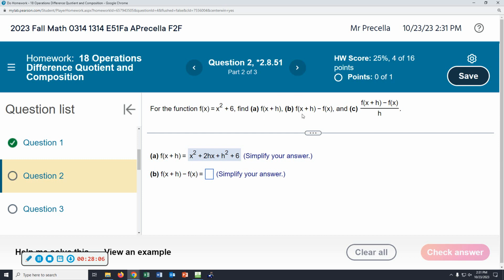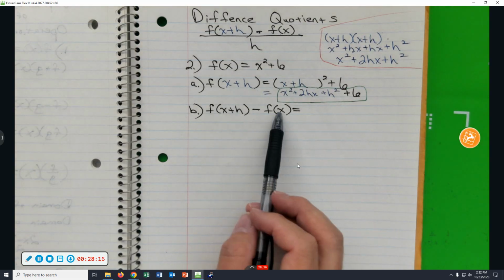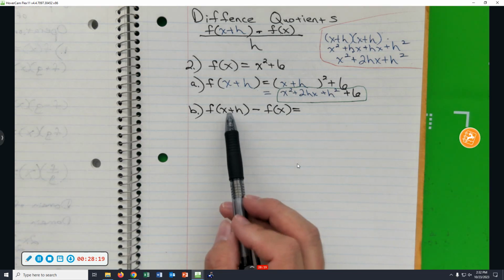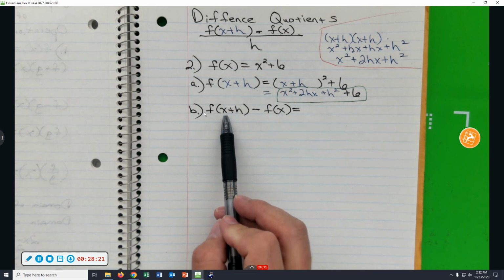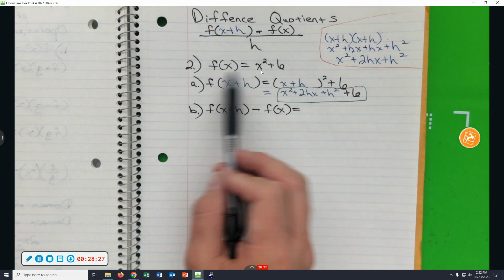Now, they want us to take what we just found and subtract off the original terms. If you understand what they're asking for here, you can get this answer without showing any steps. This is saying, take the part A, what you just found, and take away f of x. That's the original thing they gave us.